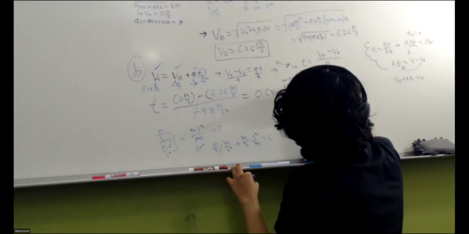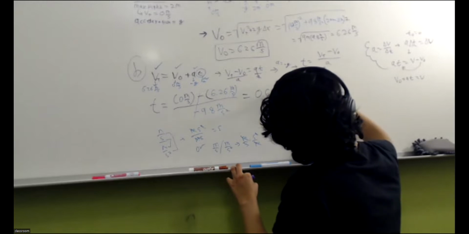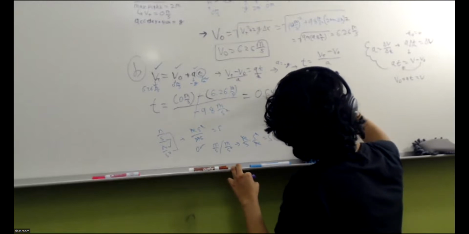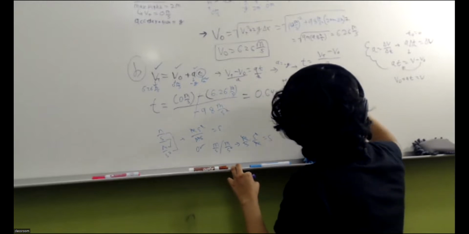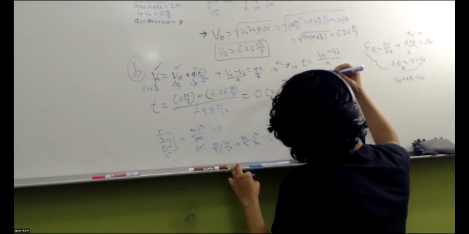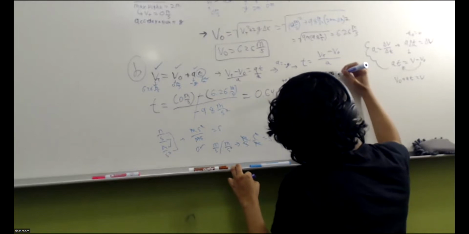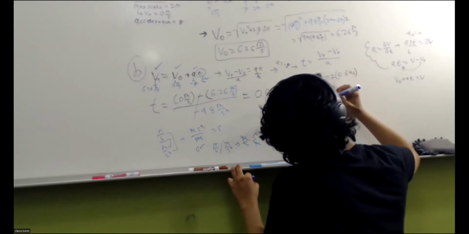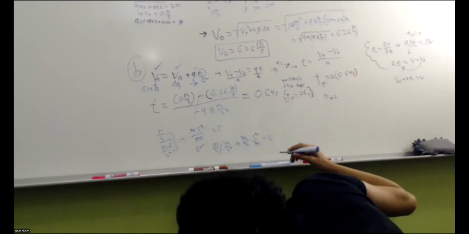And then we have to remember that T final is equal to 2T at the top. So T final is equal to 2 times 0.64 seconds.